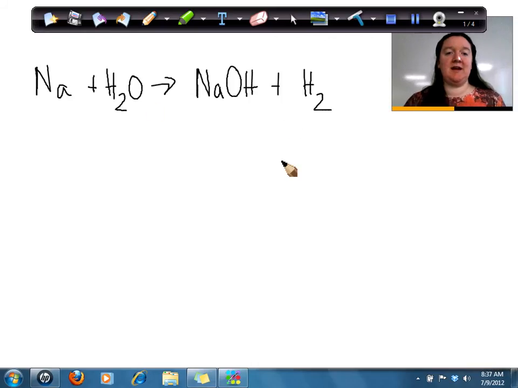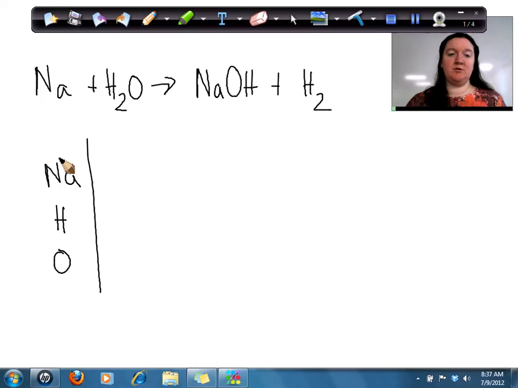So we need to look at how many of each element we have on both sides. If I look at sodium, I only have one on that side. Then I have my hydrogen, and then I have my oxygen. So again, we're going to look at our reactants.